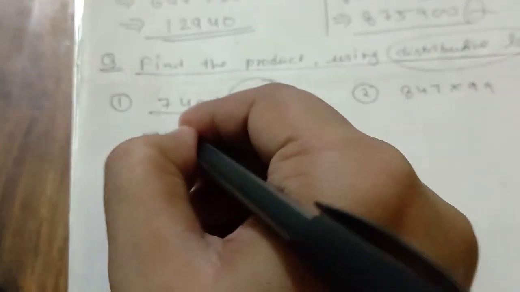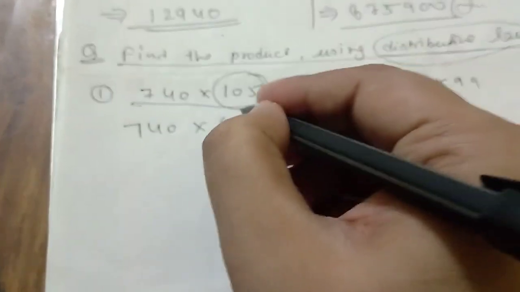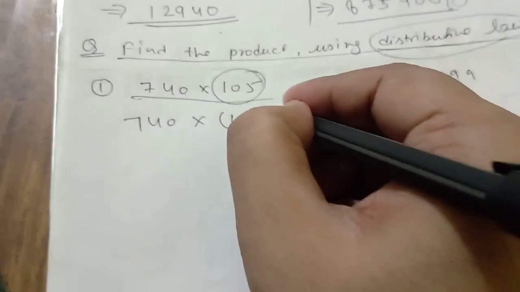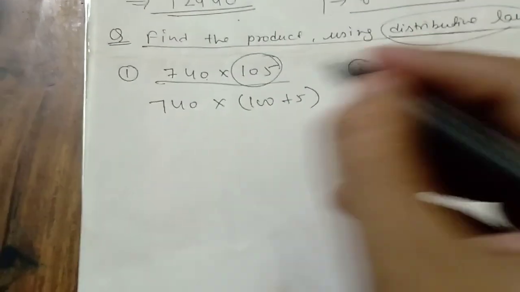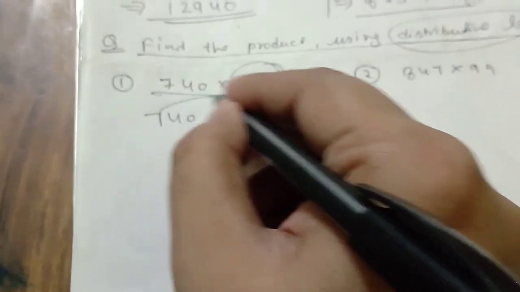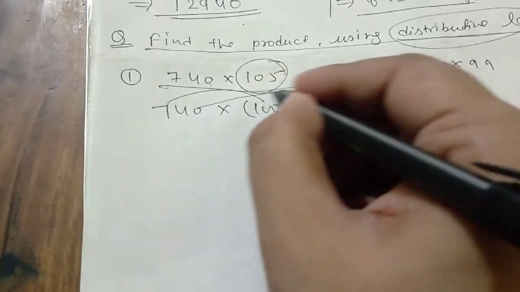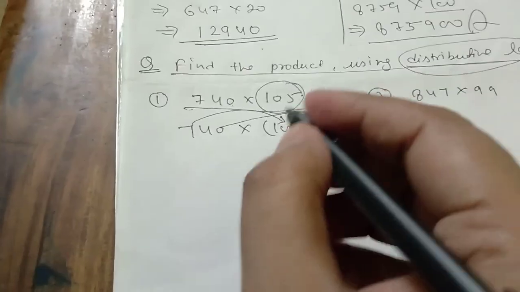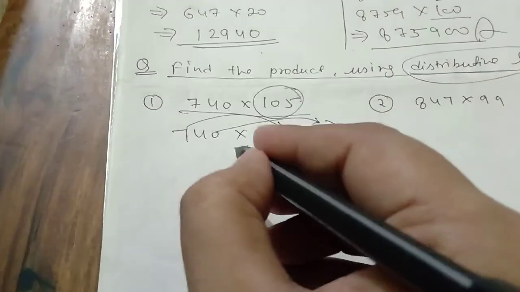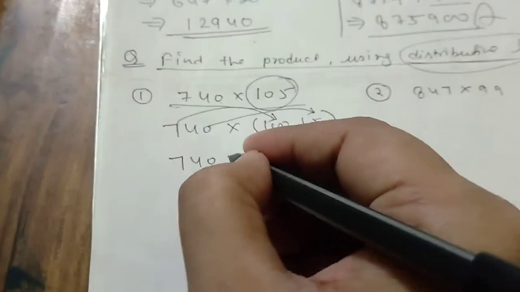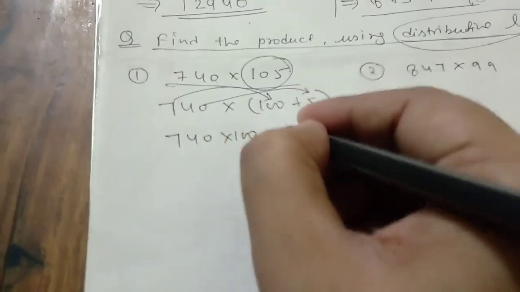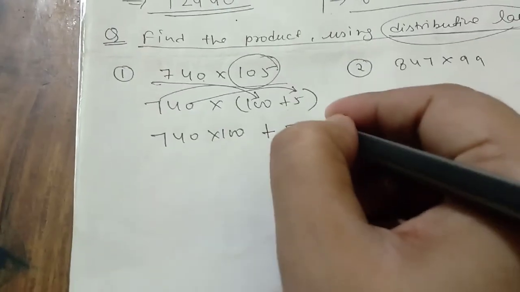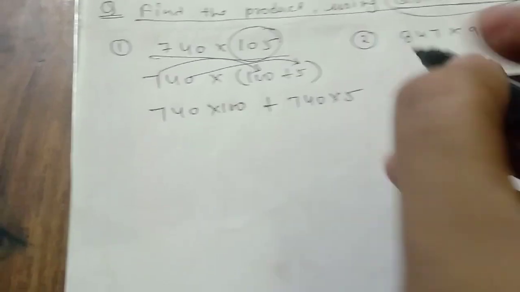How? 740 into 105 can be written as 100 plus 5. Then we will multiply this number and again multiply this number, and these will be added. If you see, you will understand. 740 multiplied by 100, then 740 multiplied by 5.